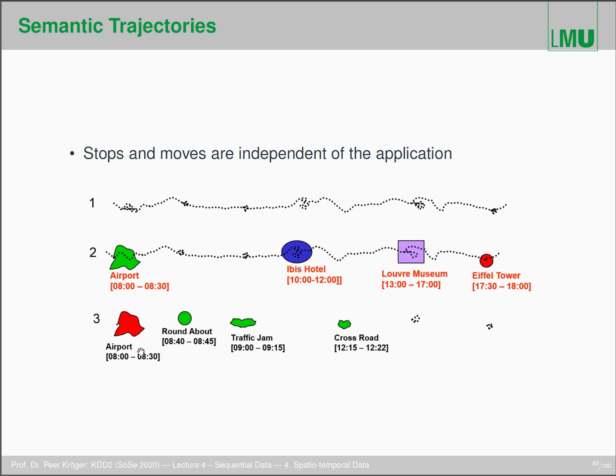And from a different view, the traffic management view, the airport is also interesting. This one here is a roundabout. This one here is a traffic jam. This is not interesting because it's a hotel. This is a crossroad here, but we cannot find it. But anyway, the Louvre and the Eiffel Tower are probably not so interesting from a traffic management point of view. So you see here that again the stops and moves are independent, but the meaning of the stops and moves is application dependent, of course.